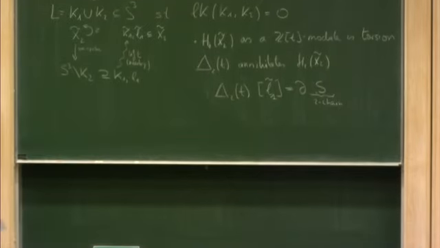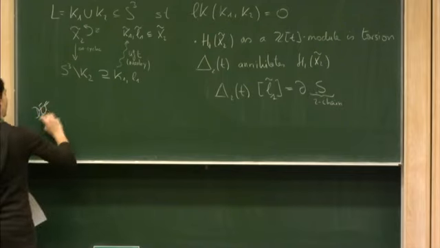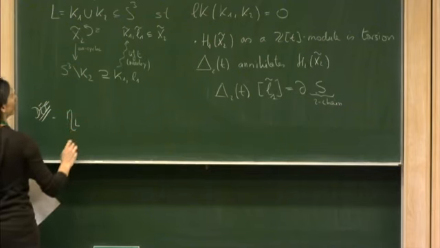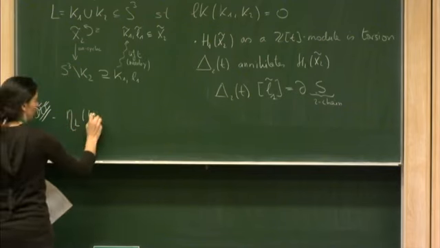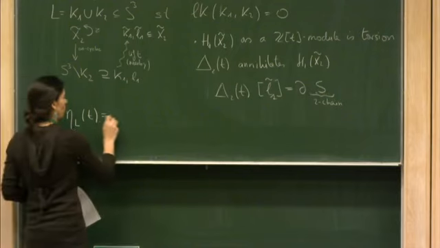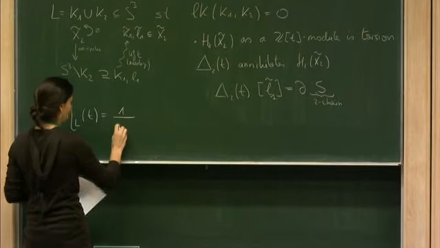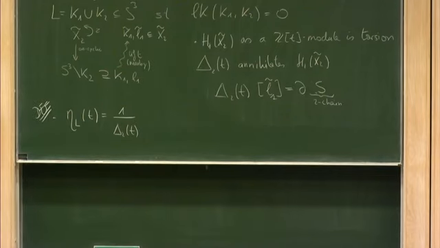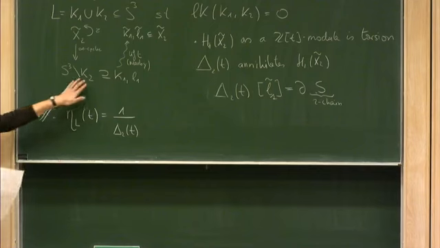So now we have all the ingredients we need to define the eta function, which is the following. The eta function of the link L that has two components, but that we evaluate in just one variable, is given by 1 over delta 2 of t, the Alexander polynomial of the component that we are forgetting.